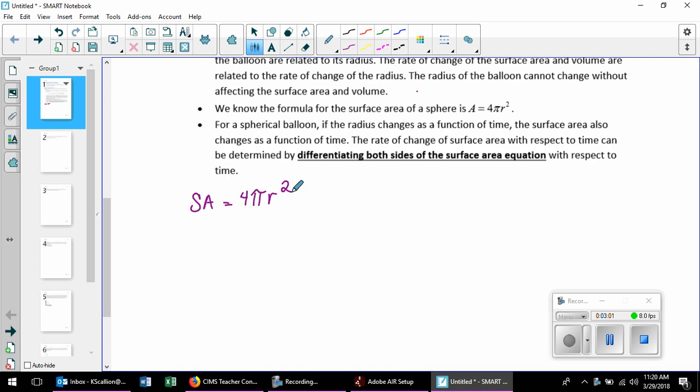I'm not going to use SA, I'm just going to use A for right now, because it makes a little more sense. In relation to time, because we're looking at rate problems, right? So we're differentiating this side in relation to time, and we're also going to differentiate this side in relation to time.